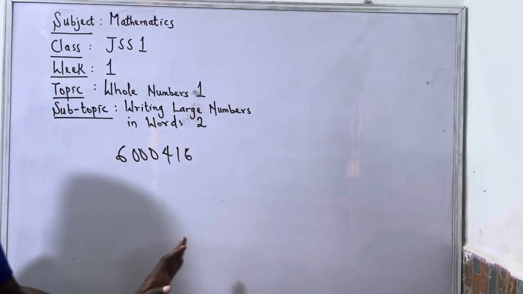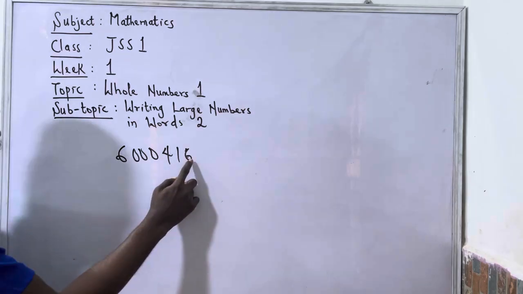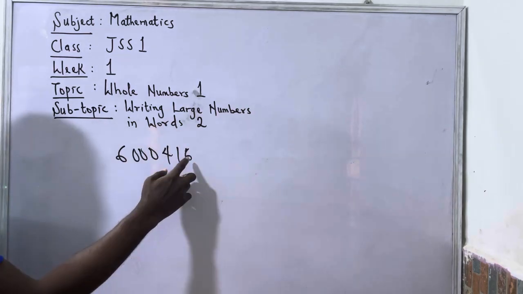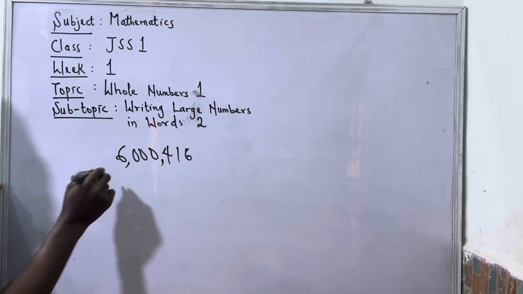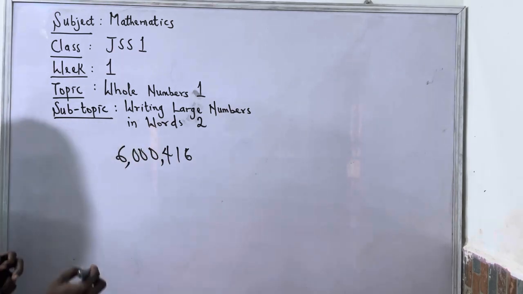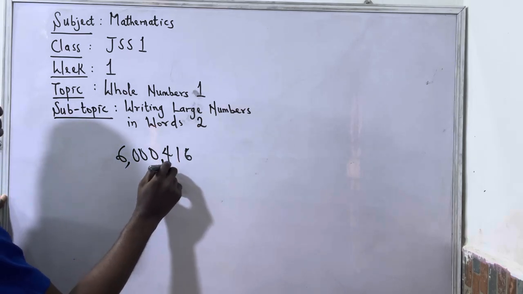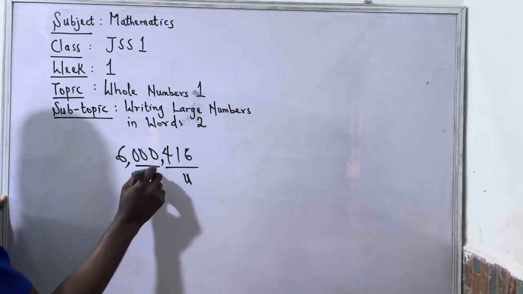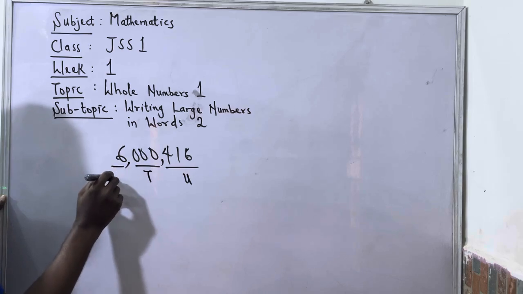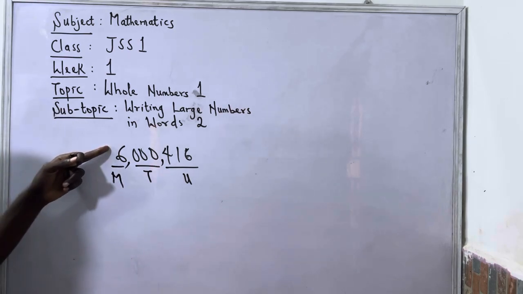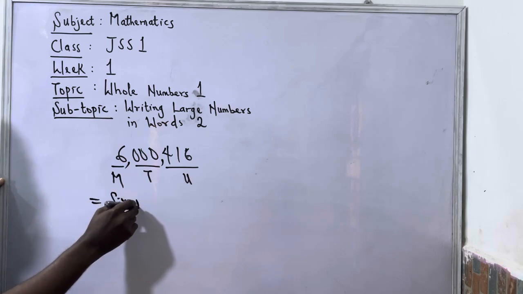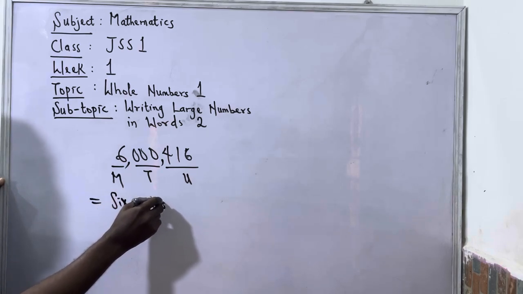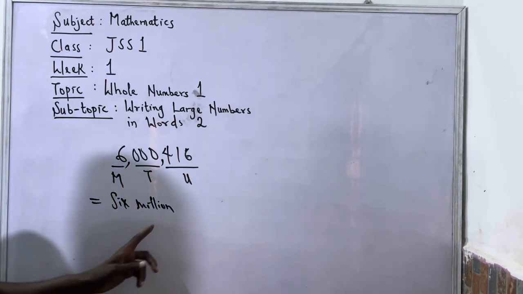This is very simple. From the back, let's group 1, 2, 3, we put a comma, 1, 2, 3, we put a comma. So let's start with the first member. This family is the unit family, this family is the thousand family, and this is the million family. I will start by saying 6 million. Yes, 6 million.